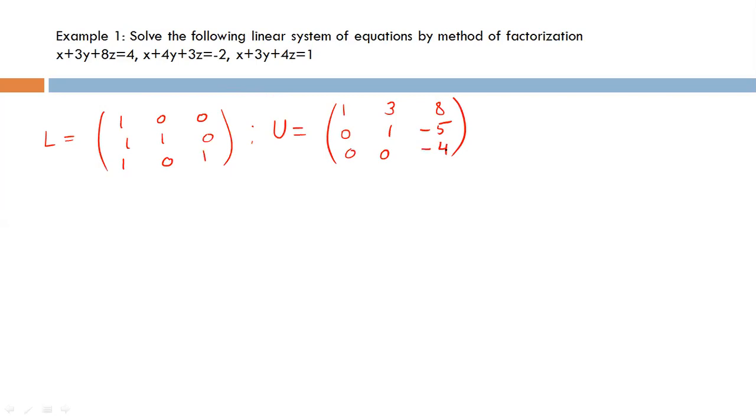So now you have L and U matrices, and we want to solve the system AX equal to B. So put A equal to LU: L into U into X equal to B.